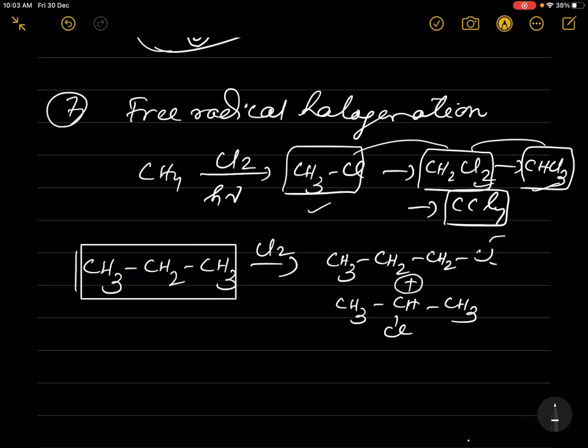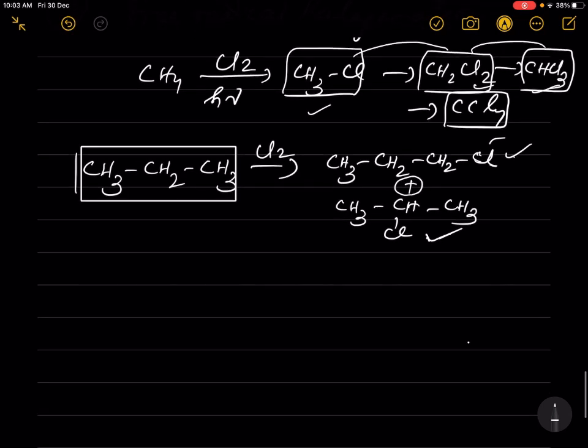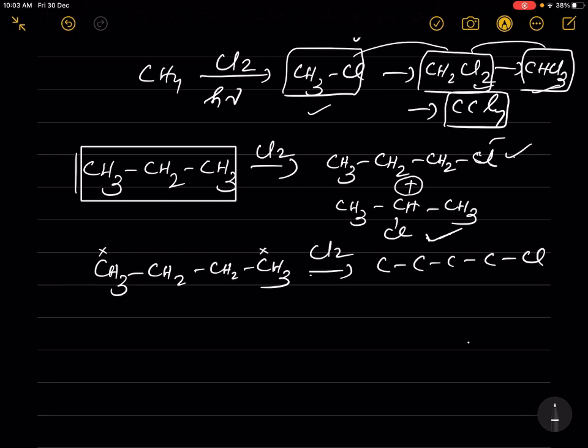So here you got 1-chloropropane and 2-chloropropane. In case of butane, in presence of chlorine, halogen atom can be substituted over here or over here, or at the middle position. So you will get two types of monohaloalkanes.